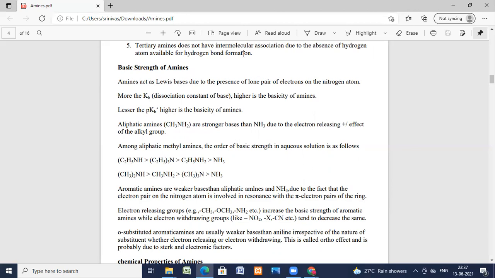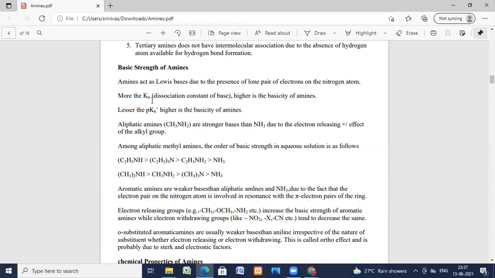Now, basic strength of the amines. Let us look onto the basic strength of the amines. Amines act as Lewis bases due to presence of lone pair of electrons on nitrogen atom.